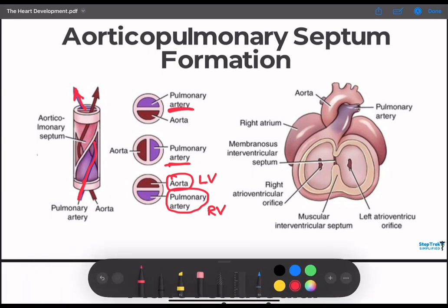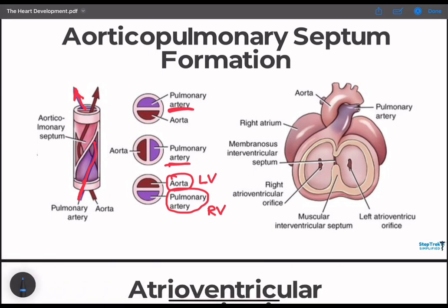Same goes for the aorta. Initially the aorta is located at the back, then it switches toward the right, and at last it emerges at the front of the pulmonary artery. And this is the same course of the pulmonary artery and aorta in the adult or mature heart.